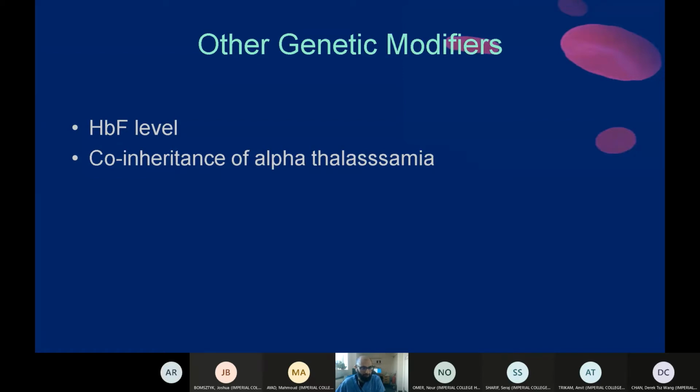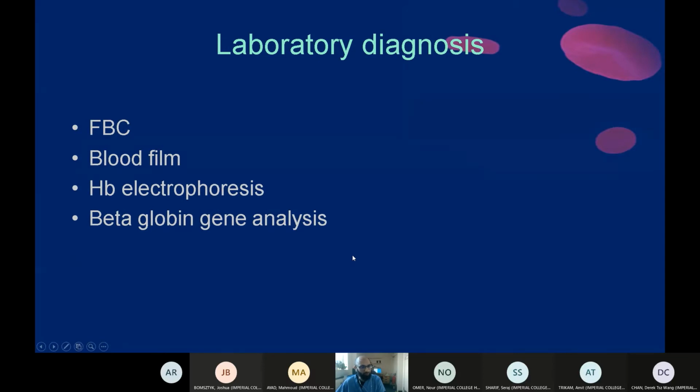There are several described haplotypes, and there are some which include an endogenously raised hemoglobin level, which can be protective. Co-inheritance of alpha thalassemia along with sickle cell disease can ameliorate the phenotype. So that's another thing that can modify the severity of the disease. There are lots more, but these are just the two common ones that I'm mentioning.